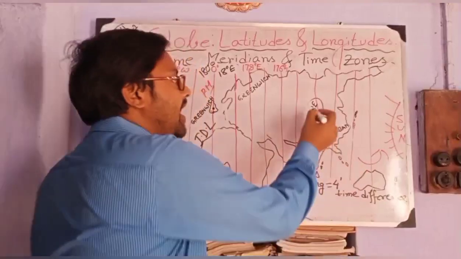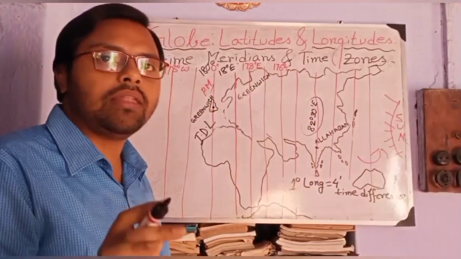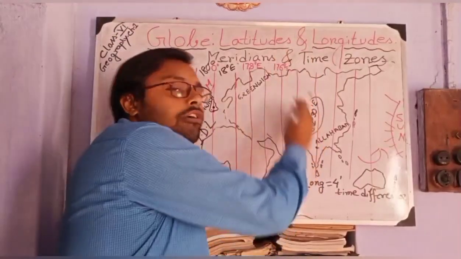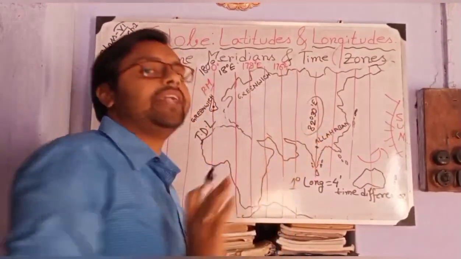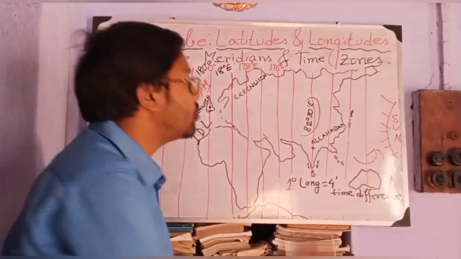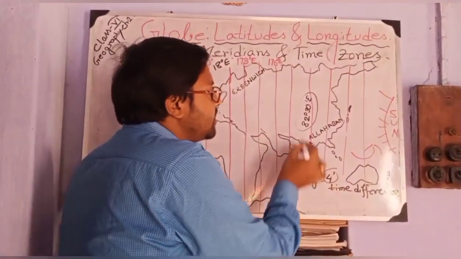Here this minute and this minute are not equal. This minute determines the value of longitudes or latitudes, and this minute determines the time only. So don't mix up this minute and this minute.